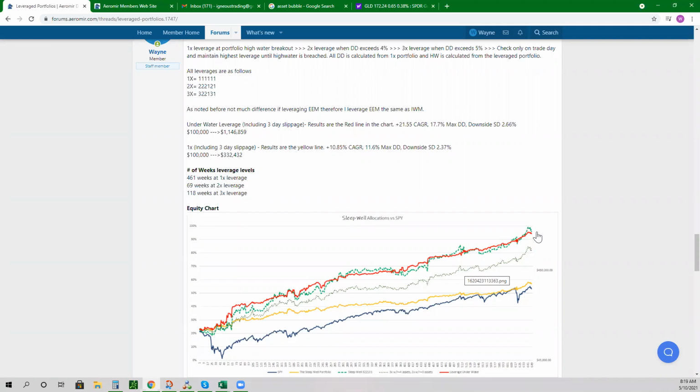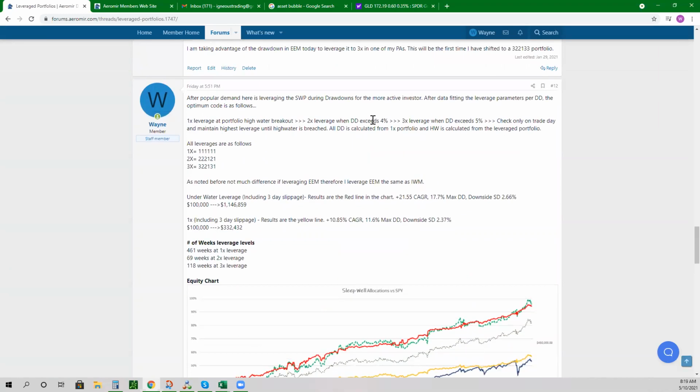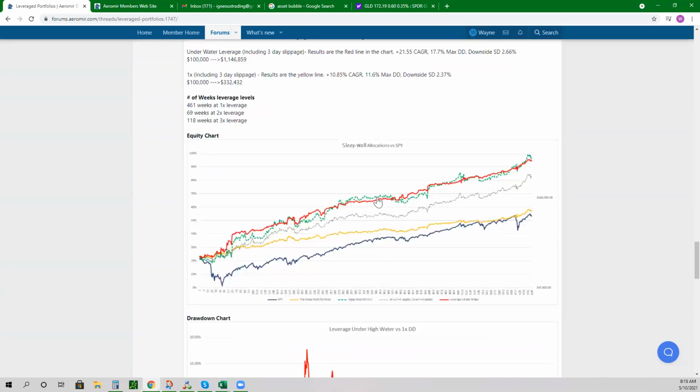And actually, I think that day that I posted it, which is just a fluke, it literally bottomed and turned around and just rocketed, and now we're at new highs again, right? So that's the type of strategy: when it's drawn down, you leverage up. And the exact code to it is up here, just how you structure it.